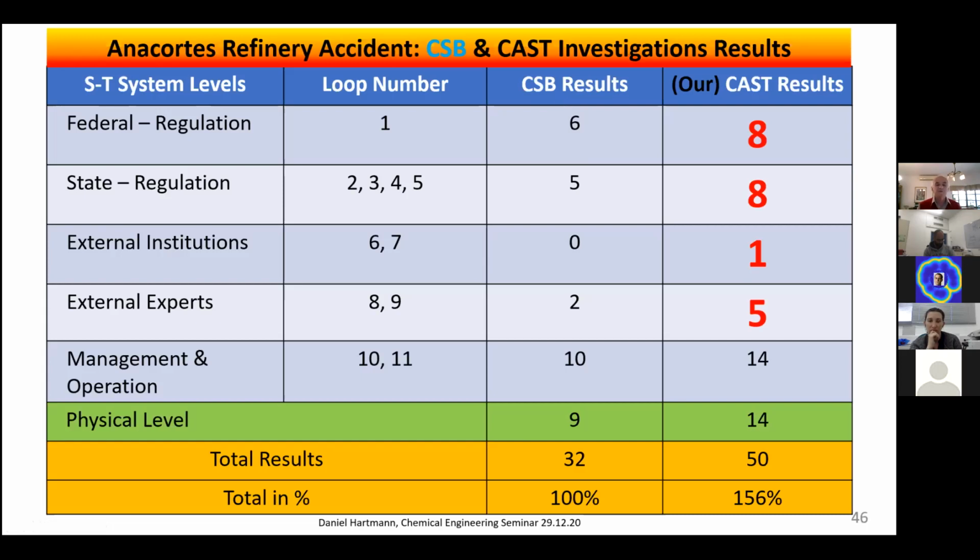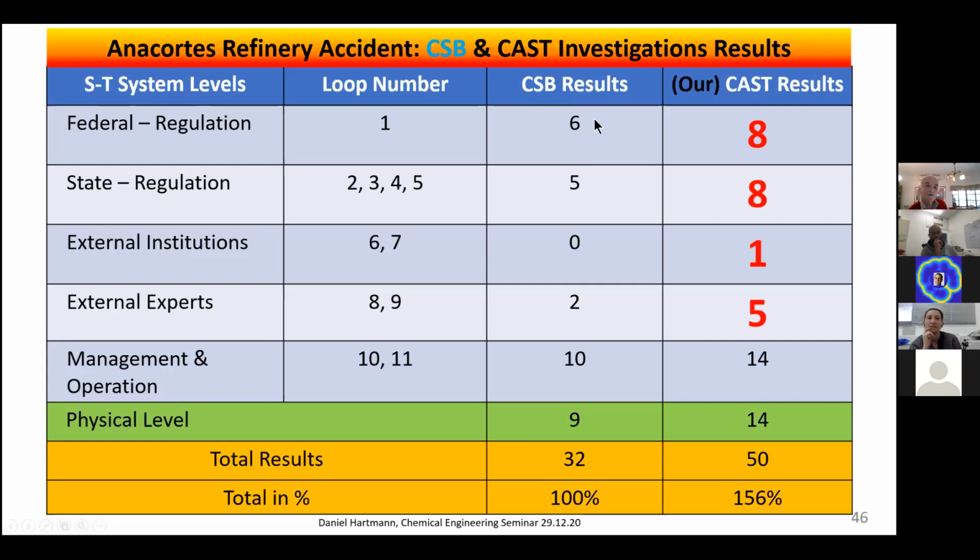The Chemical Safety Board is a federal institution in the United States. They are responsible for analyzing all major accidents or disasters within the process industry. They have an excellent website, excellent reports analyzing various accidents. I mean, only this slide well, demands an extra lecture for itself.